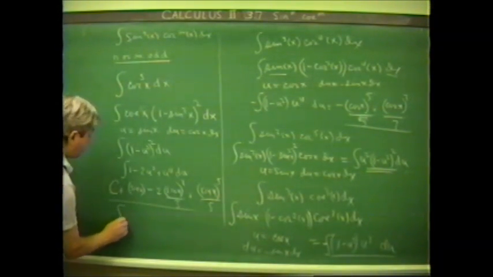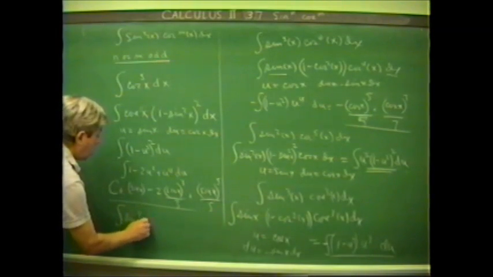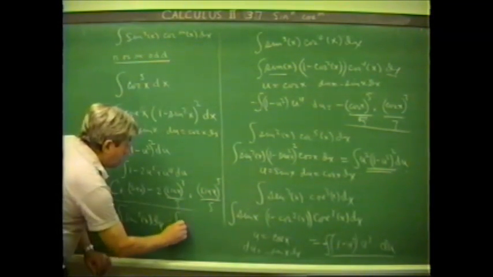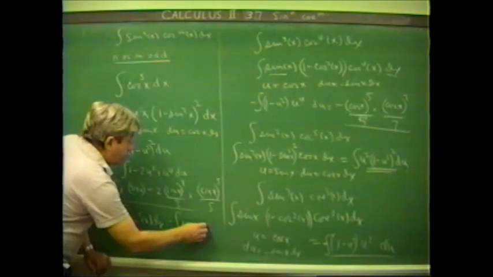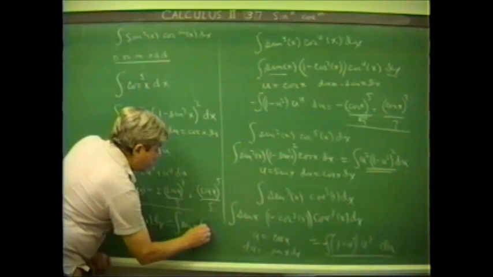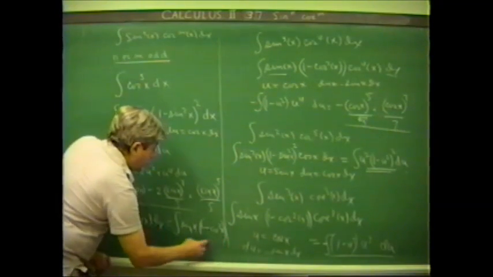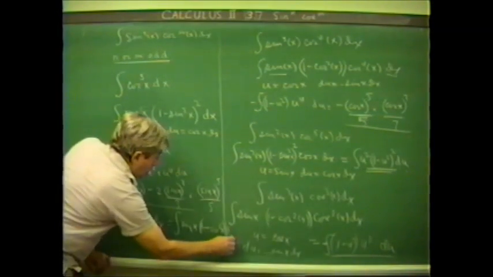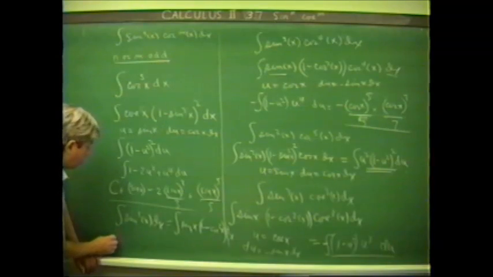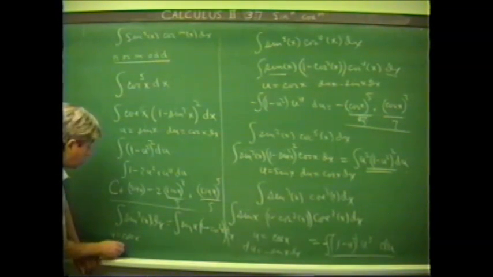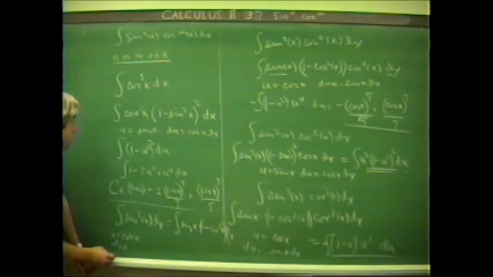Likewise, for example, the antiderivative of sine cubed of x dx. If we save one sine x, we change the sine squared over to 1 minus cosine squared. We get this like so, dx. Now if we let u equal cosine x, du is minus sine x dx.